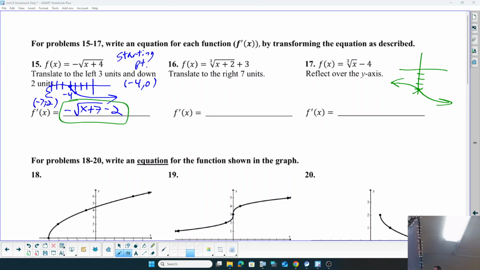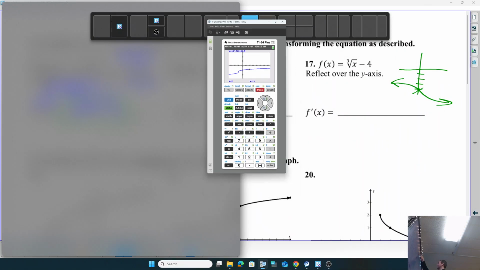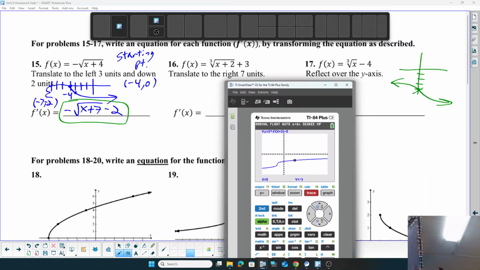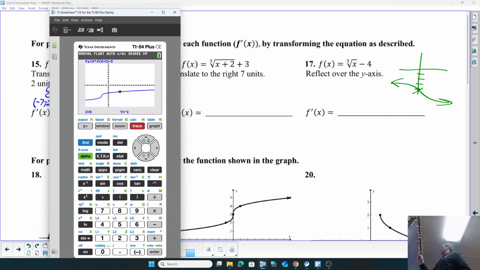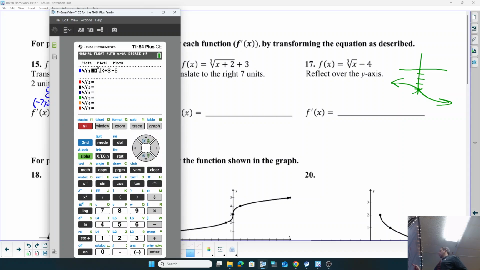So I think the inside of the cube root is what does that. Let's take a look and see. We have the cube root of x minus 4. So that's our original.